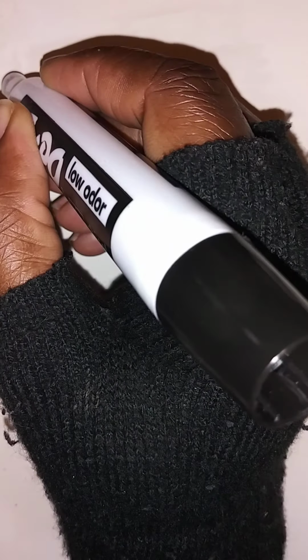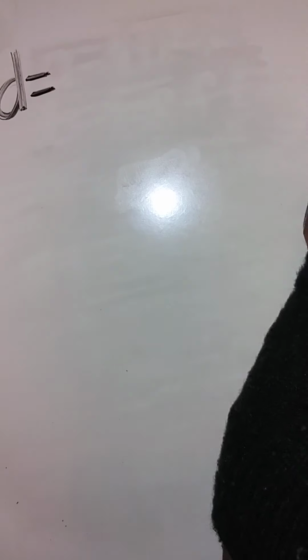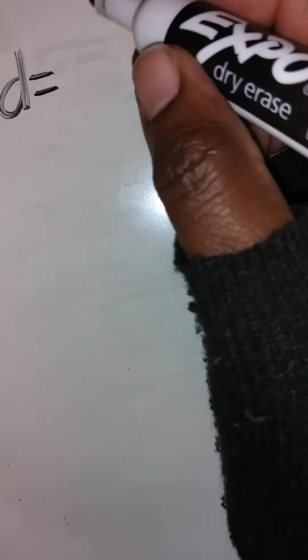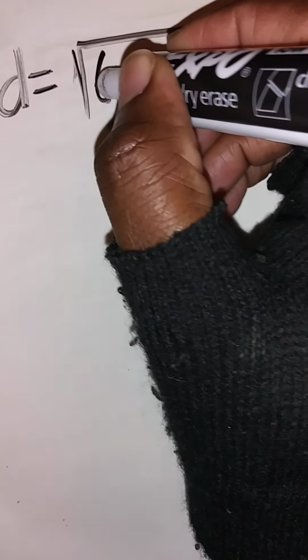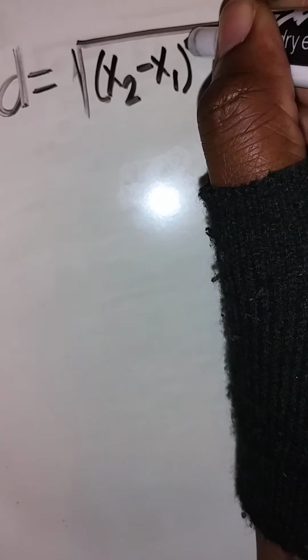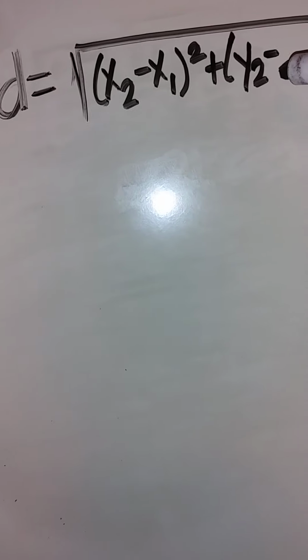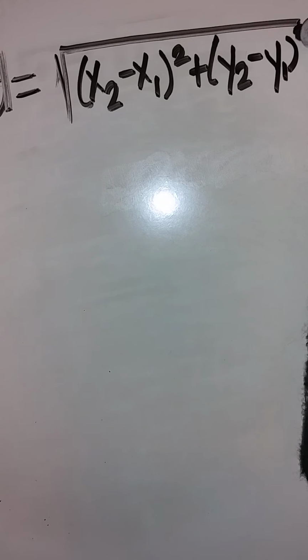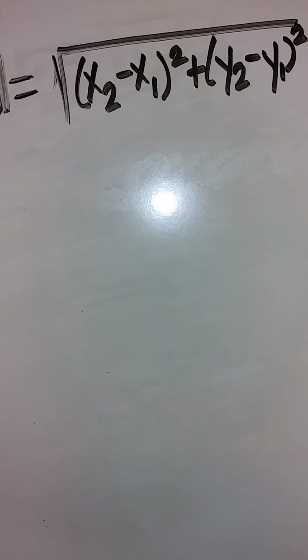So the distance formula is d equals the square root of x2 minus x1 squared plus y2 minus y1 squared. And a lot of times students say y sub 2 minus y sub 1, x sub 2, x sub 1. Okay, so either way is fine how you read it.